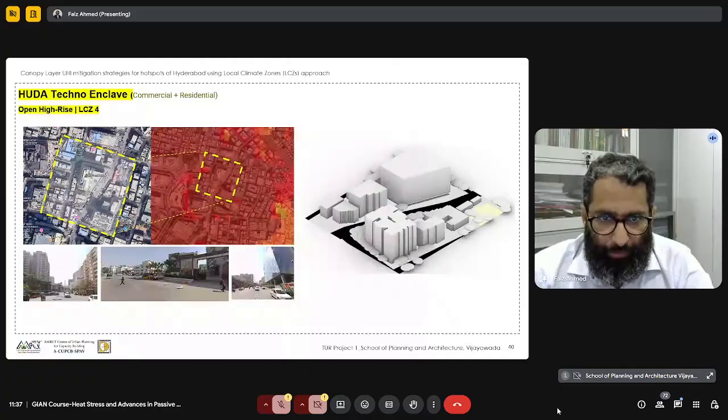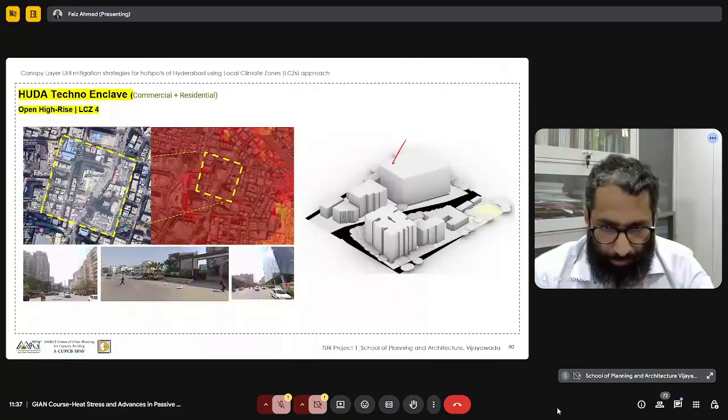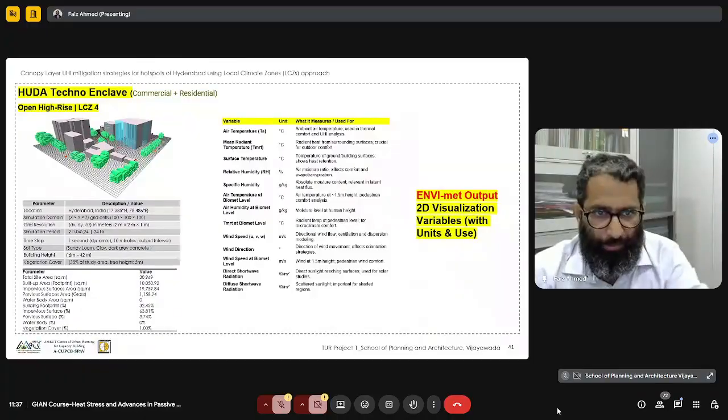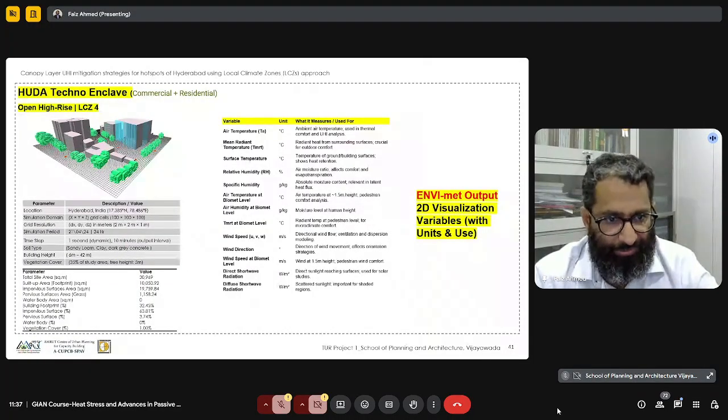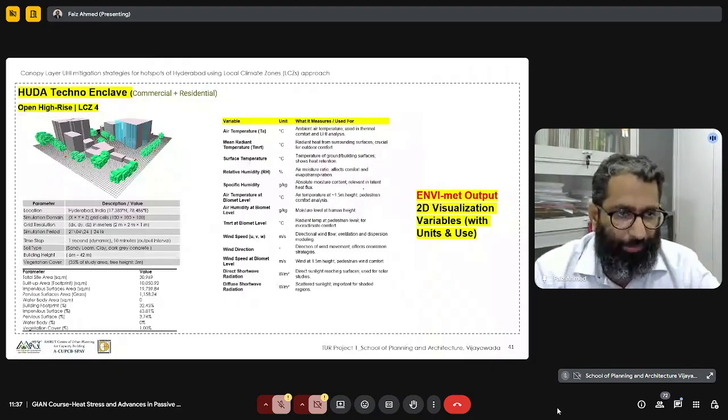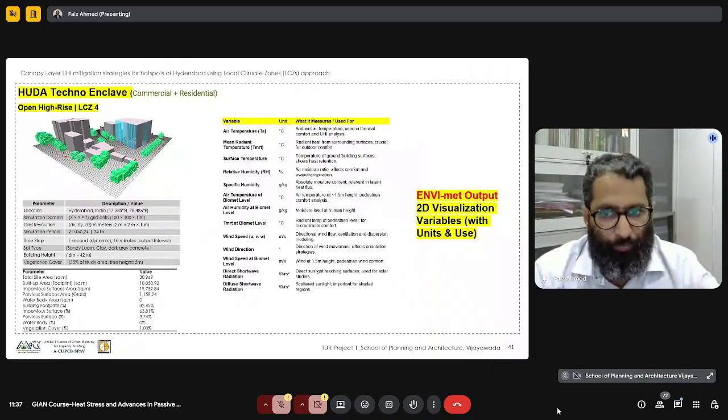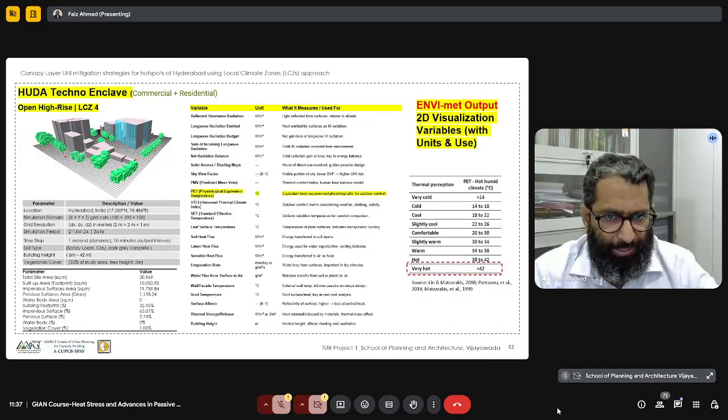So we went down to map the areas and developed models, and these are some of the settings under which all the simulations were run. We have used ENVI-met, where we can simulate about 52 variables of different characteristics, including air temperature, mean radiant temperature, surface temperature, relative humidity, and PET, SET.